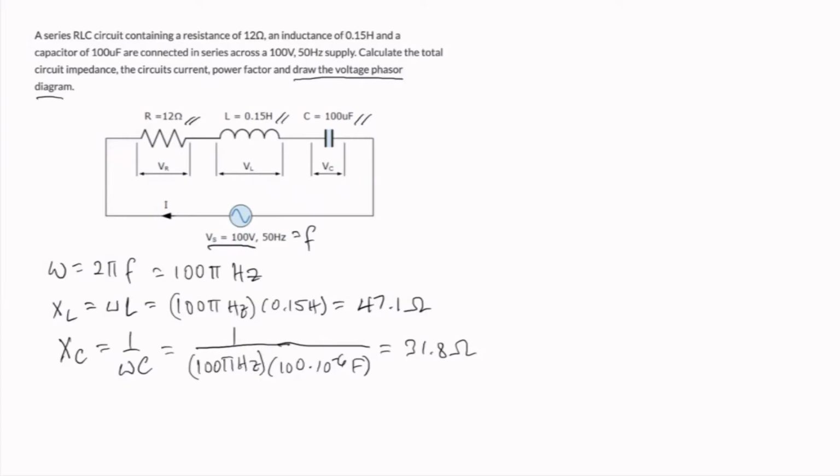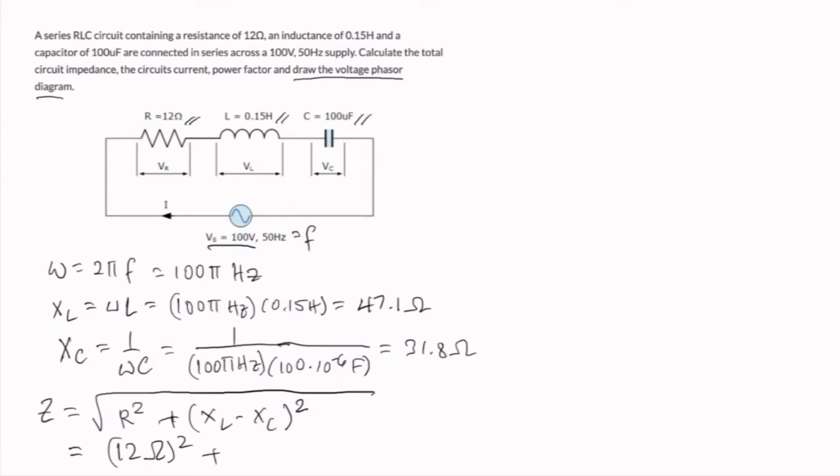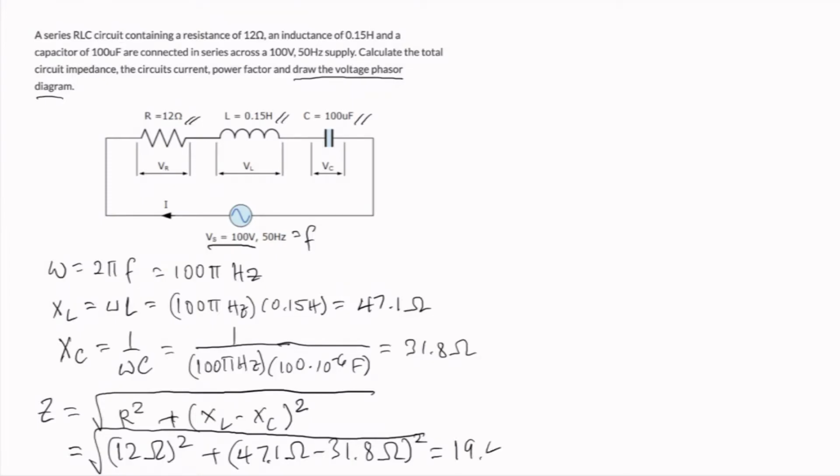Now the impedance is given by Z equal to the square root of R squared plus (XL minus XC) quantity squared. Plugging in the known values, we get 12 ohms squared plus (47.1 ohms minus 31.8 ohms) quantity squared, and taking the square root of that, we get for the impedance the value of 19.4 ohms.